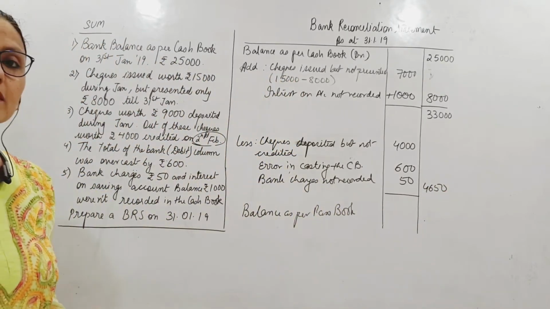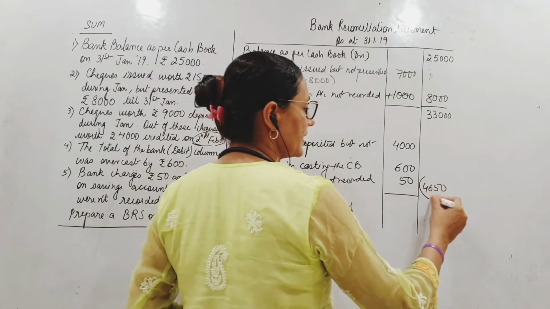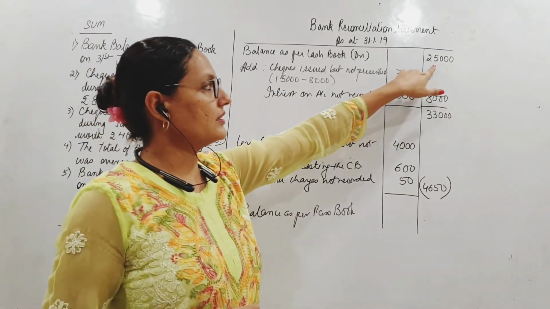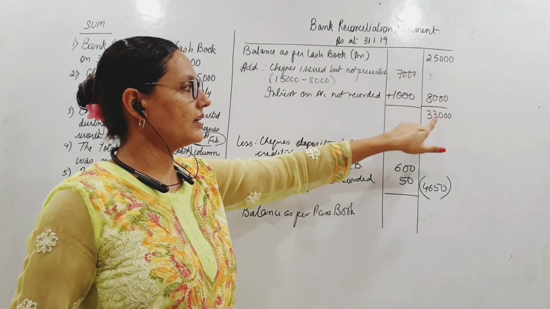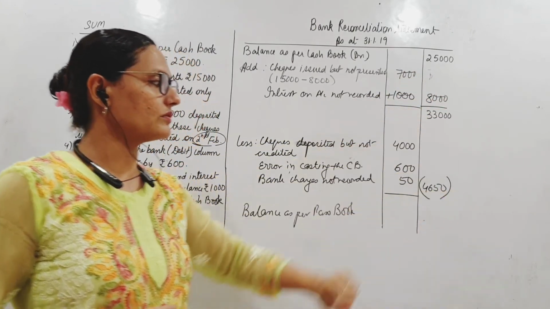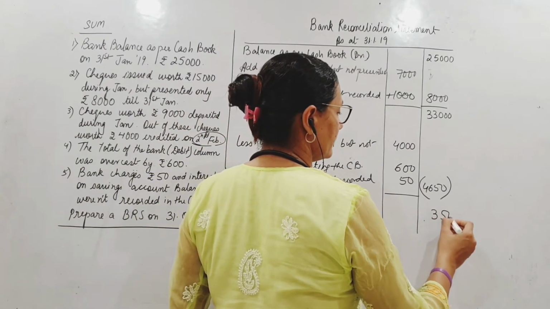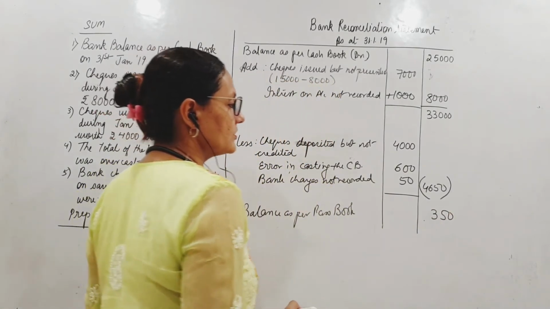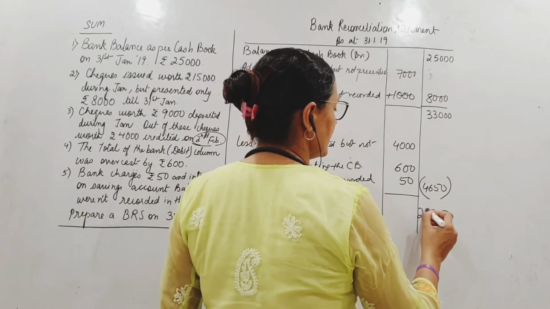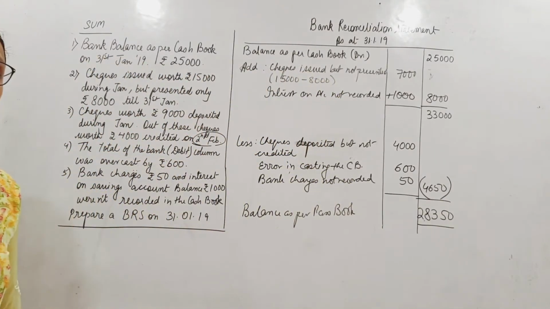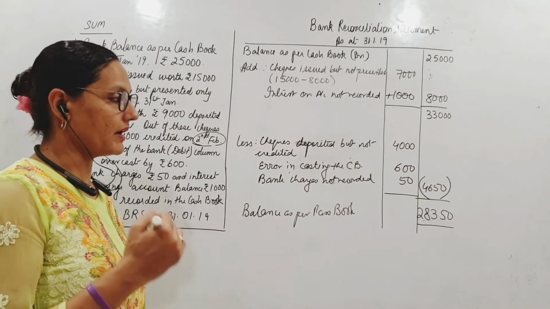That's the total of the subtract, minus, put it in bracket. Deduct करना है ना 33 से. So this was cash book balance, add 8,033 minus 4,650. So 8,350 is my balance as per passbook.